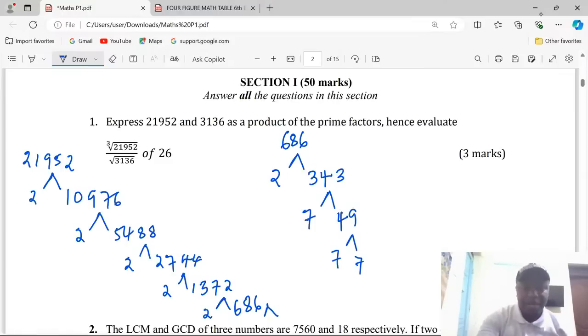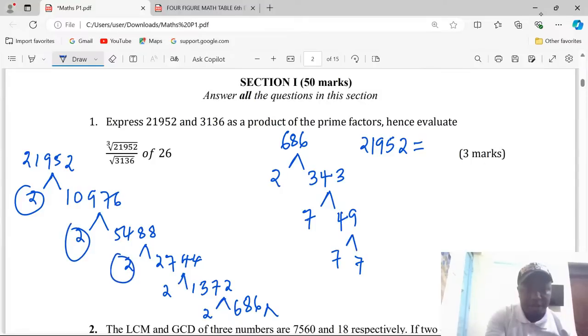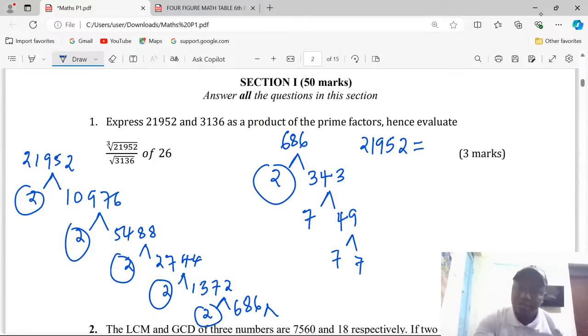Therefore, we can express 21,952 as equal to, counting the number of 2's, 1, 2, 3, 4, 5, 6, so 2 power 6, multiplied by the only other prime factor, 7 raised to power 3. We have expressed that number.